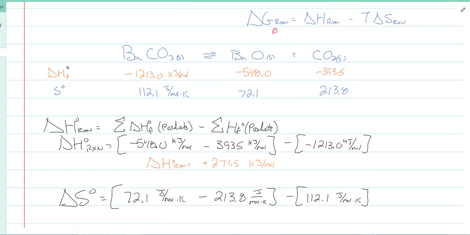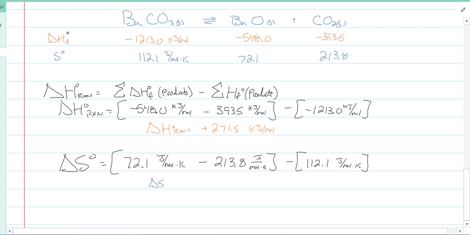That gives me a delta S value equal to 173.8 joules per mole K. Now, this is also 0.1738 kilojoules per mole K.